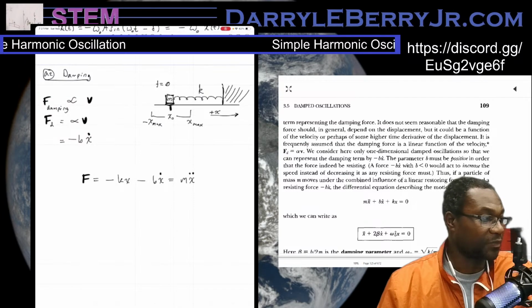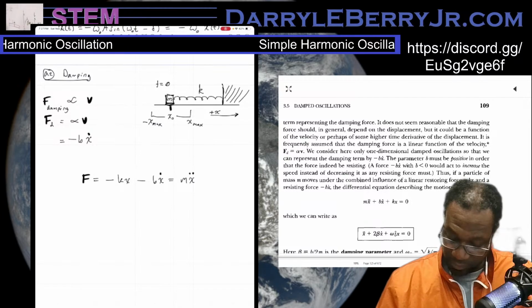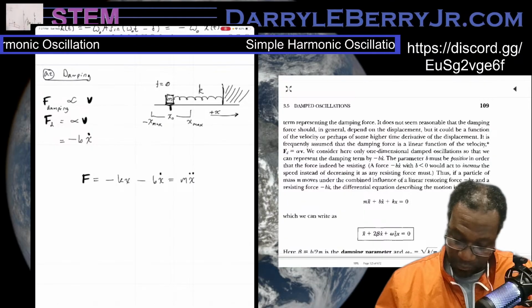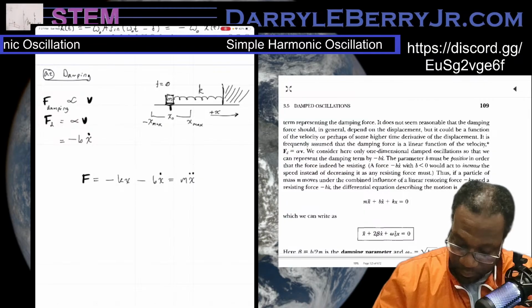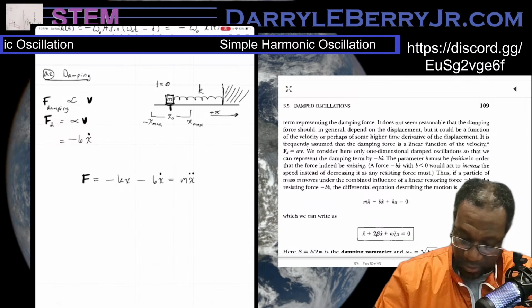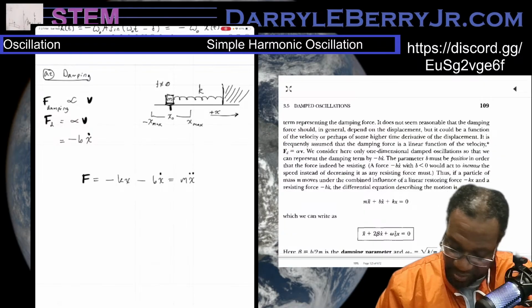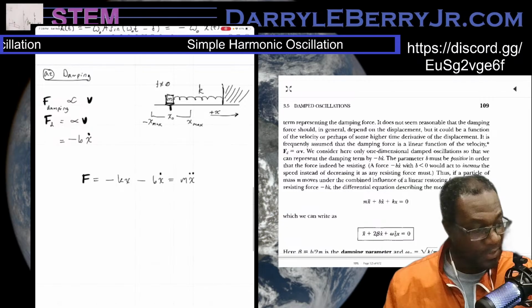So this is our equation with damping, including a damping term that slows down the object. So I'll just go ahead and say friction is not zero when the damping force is proportional to velocity, and that's sufficient for now.